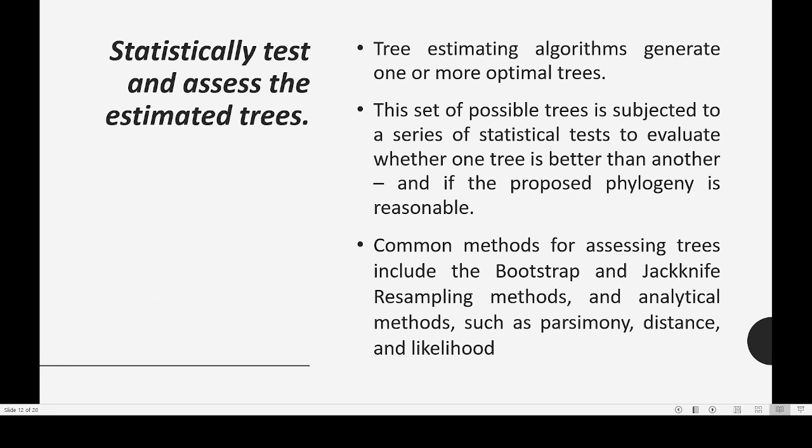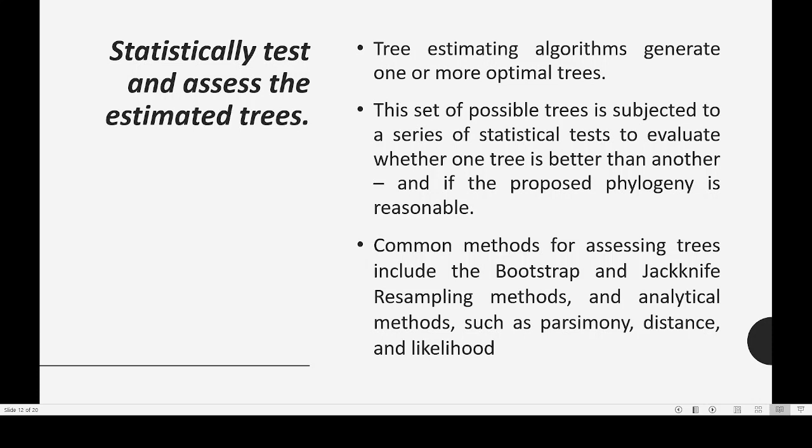And finally, we have prepared a tree. Then we have to assess the tree, whether this tree is correct, whether it is biologically sustainable, or whether it will be accurate. That process is known as statistical testing.